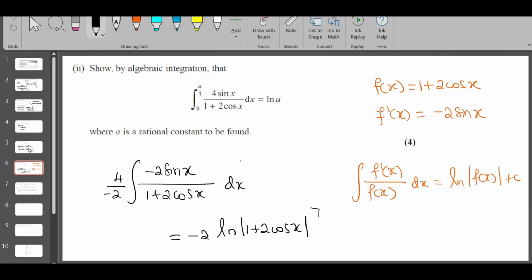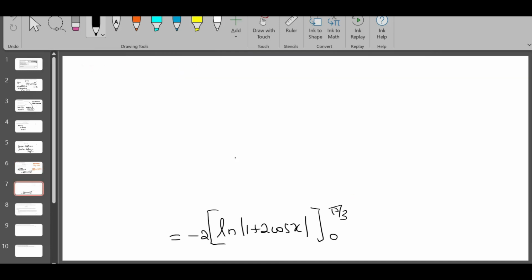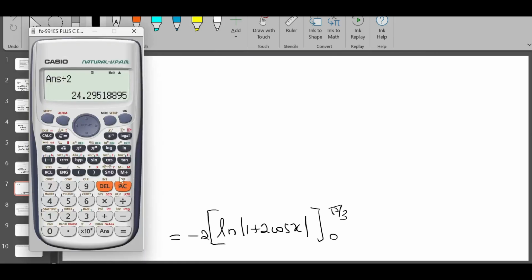and then you need to sub in the limits 0 to pi over 3 and write your answer as a single logarithm. So we have this step. I'm going to keep minus 2 as it is, sub in the upper limit, so you will get cos pi over 3. In radian mode, cos pi over 3 is 1 over 2.